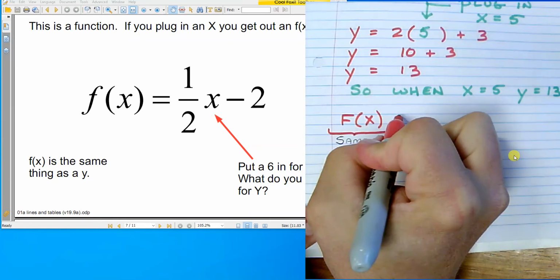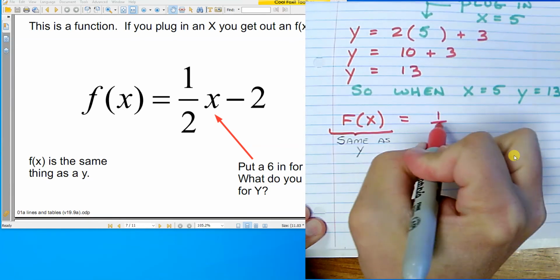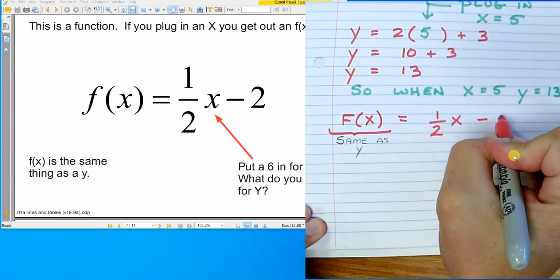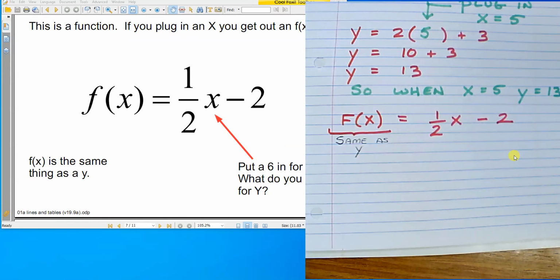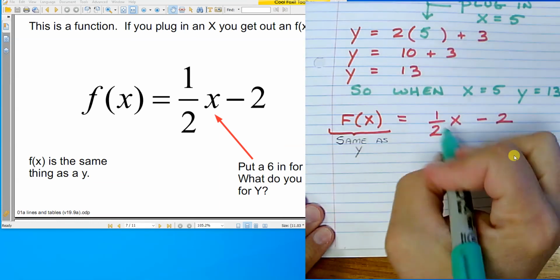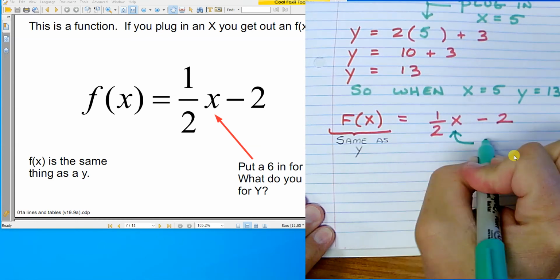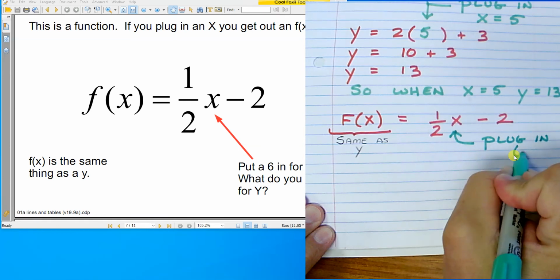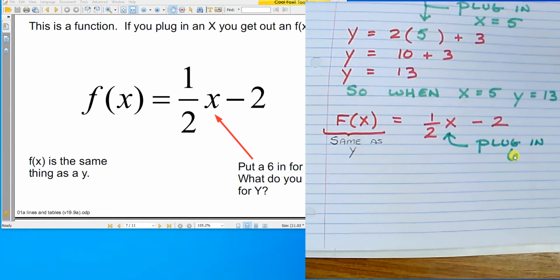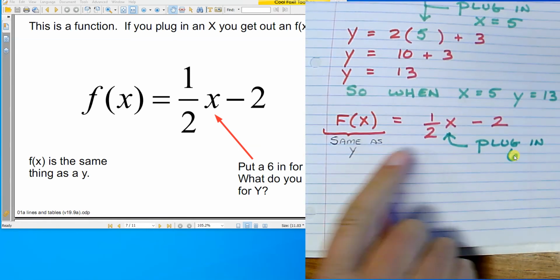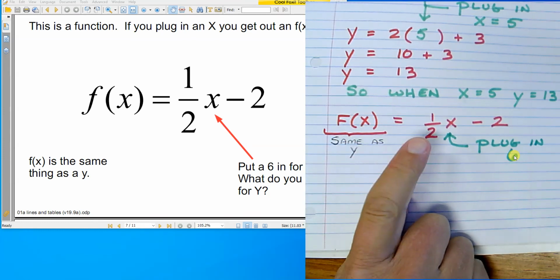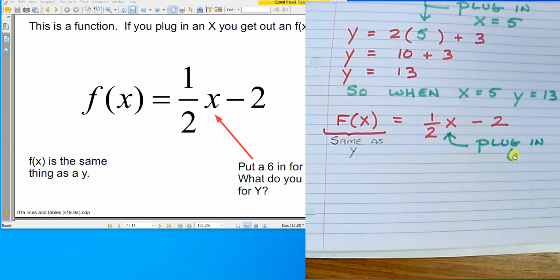It's just another way of showing a y. This time we're going to put in a 6. So what would f of x be? Half of 6 is 3. 3 minus 2 is 1.